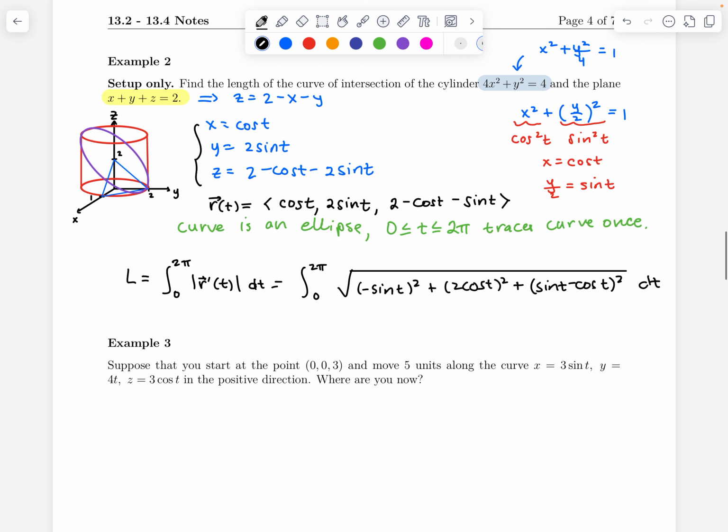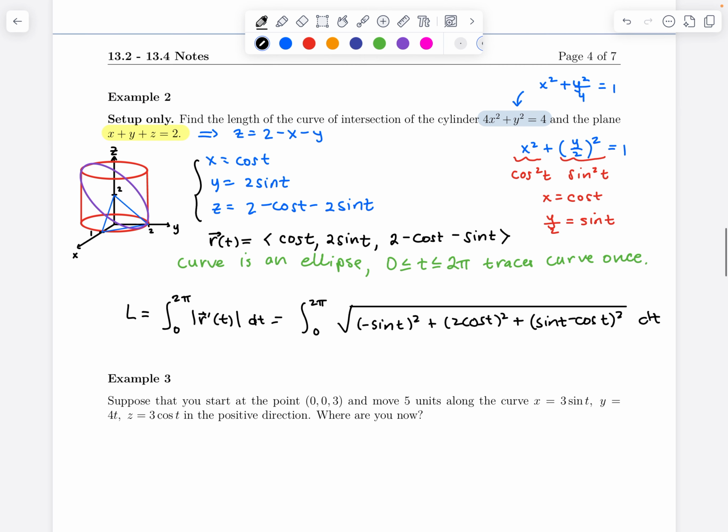And that's my arc length formula that I was looking to find. And notice this problem is set up only, so I don't need to evaluate this integral.